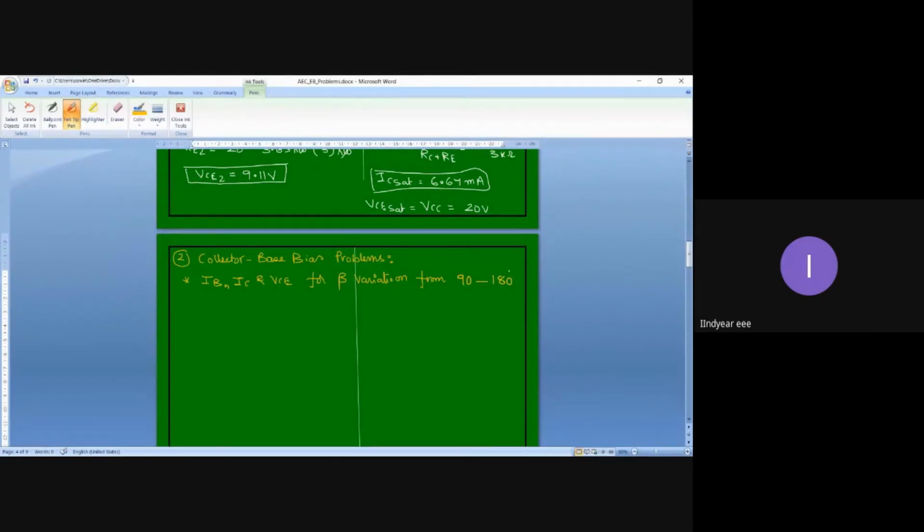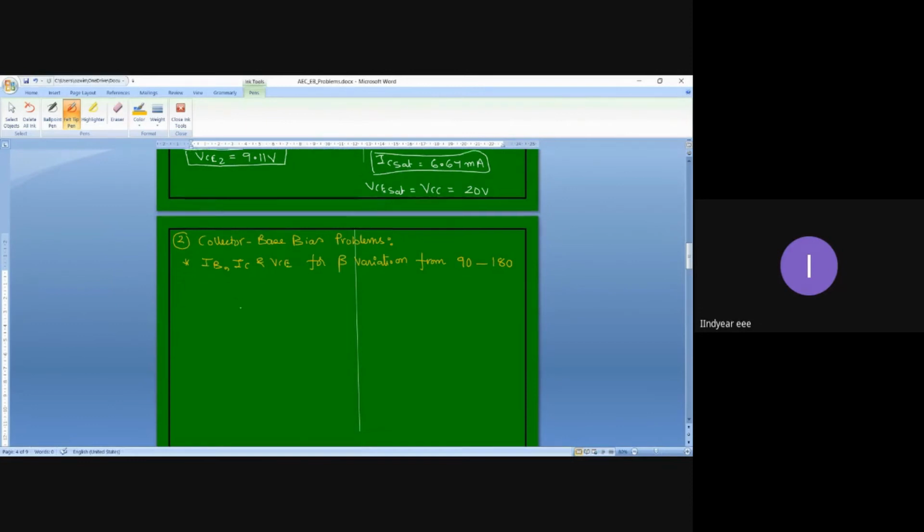What happens when beta is fixed at 90 and what happens when beta is changed to 180? So the doubling effect you're supposed to assess.